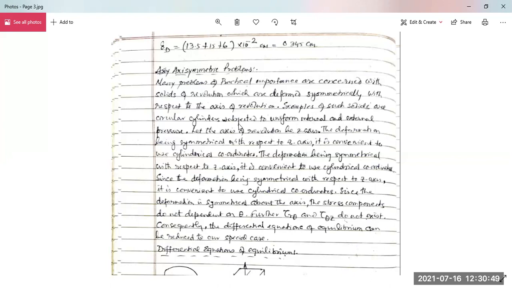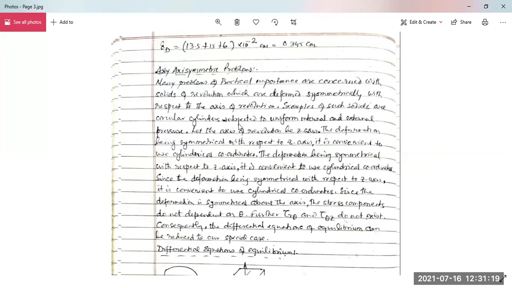Here distance r is from the origin O, and theta is the anti-clockwise angle from the x-axis itself. Now we will consider the axis of z along with r and theta, just as along with x and y. The z-axis is the axis of revolution, or the longitudinal axis of the cylinder.